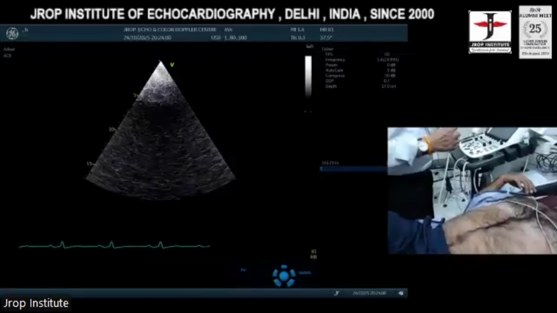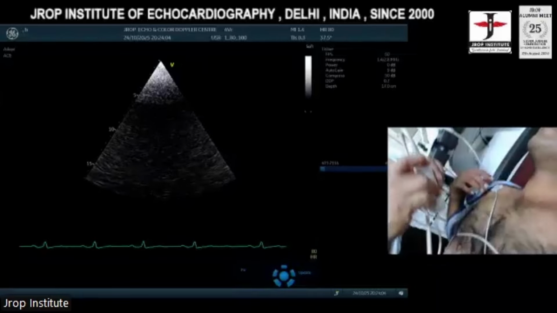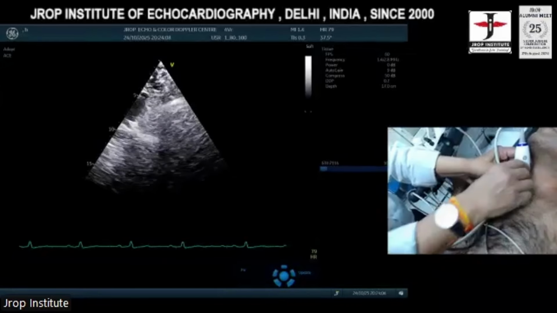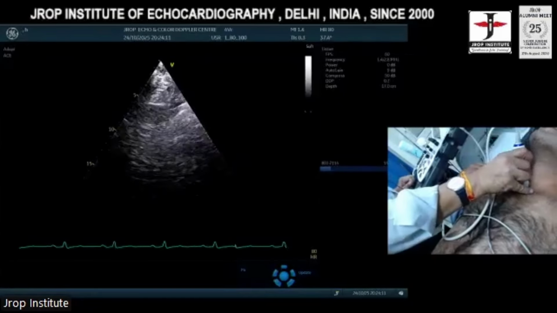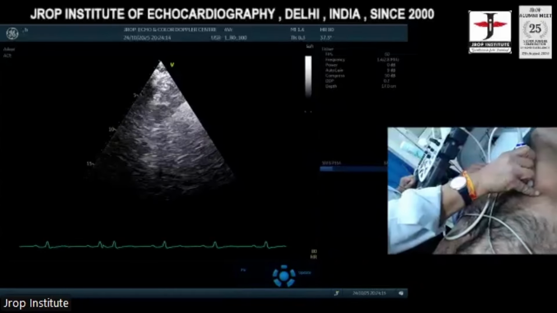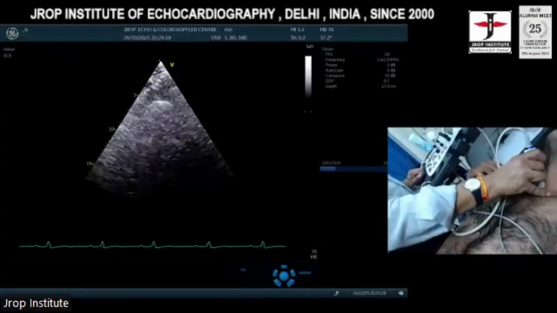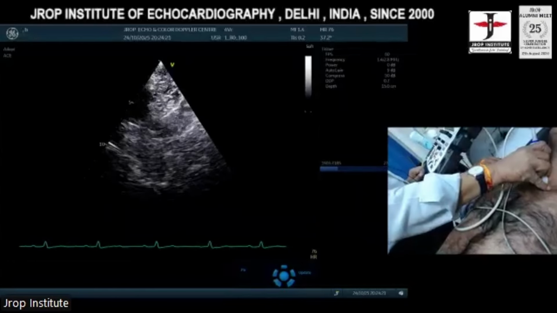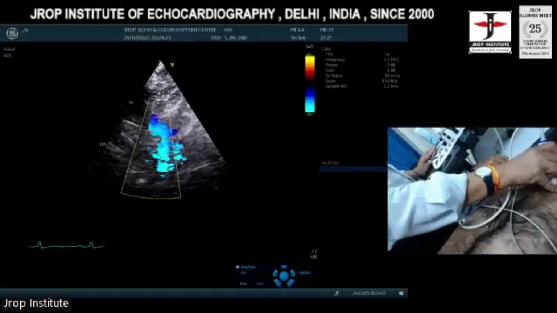Then the next window is the suprasternal window. Index marker at 1 o'clock position. And in case you can't find it, switch on colors.